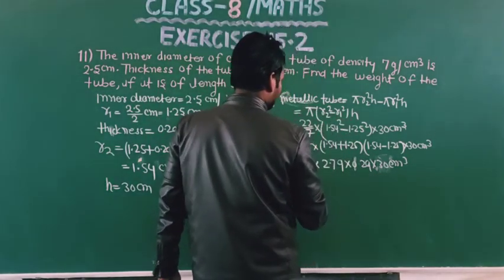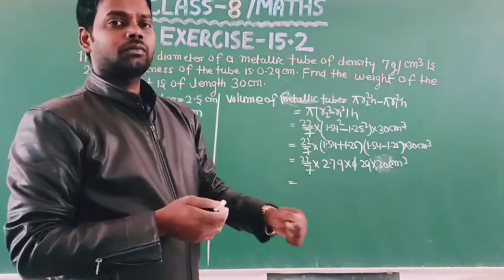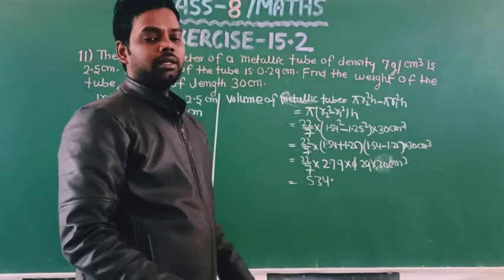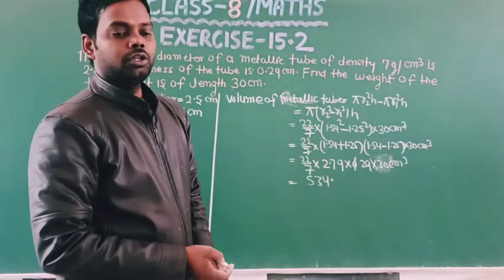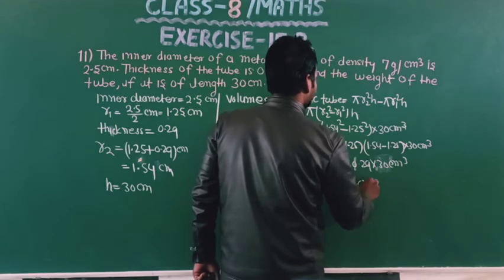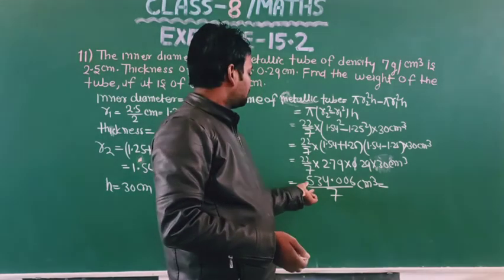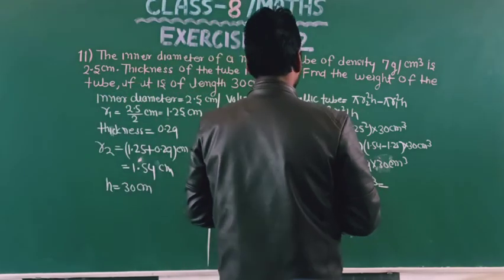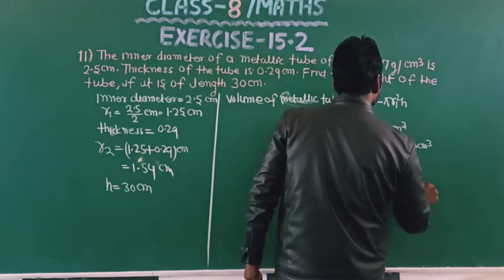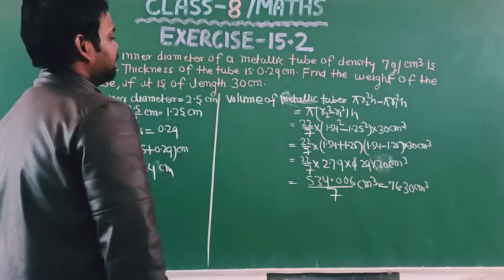Now multiply this quantity. So we will get 534.006 divided by 7 centimeter cube, and after simplification this quantity gives the value 76.30 centimeter cube.